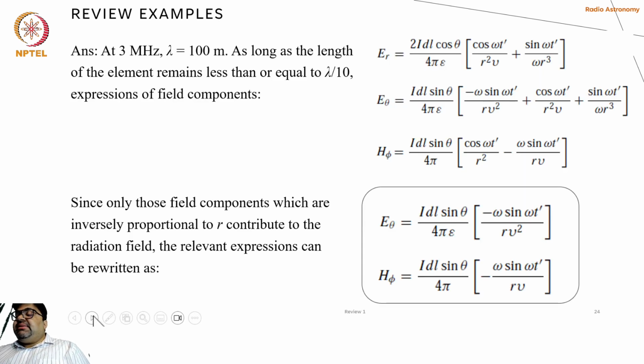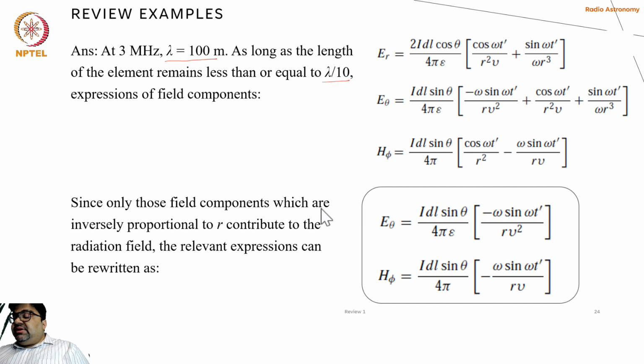So at 3 megahertz, lambda equal to 100 meter. As long as the length of the element remains less than or equal to lambda by 10, the field components are given by what we have done previously. So you can derive the field components from there.